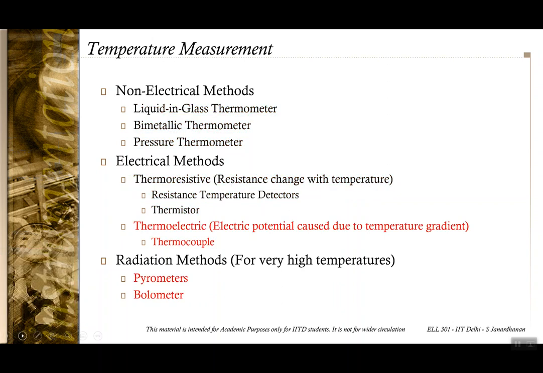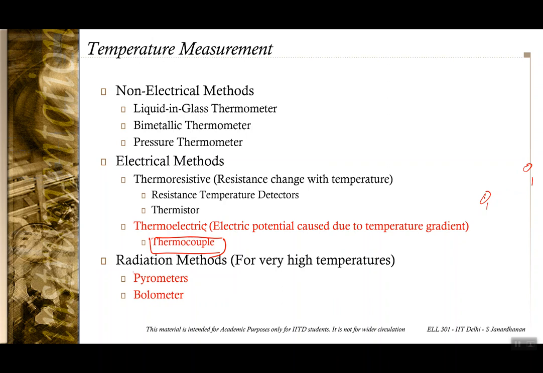And in today's lecture, we would look at the thermoelectric effect as a means of measuring temperature. That is, we look at the thermocouple, wherein by the thermoelectric principle, what I mean is that whenever there is a metal in which there is a temperature gradient, an electric potential is also developed across those 2 points.